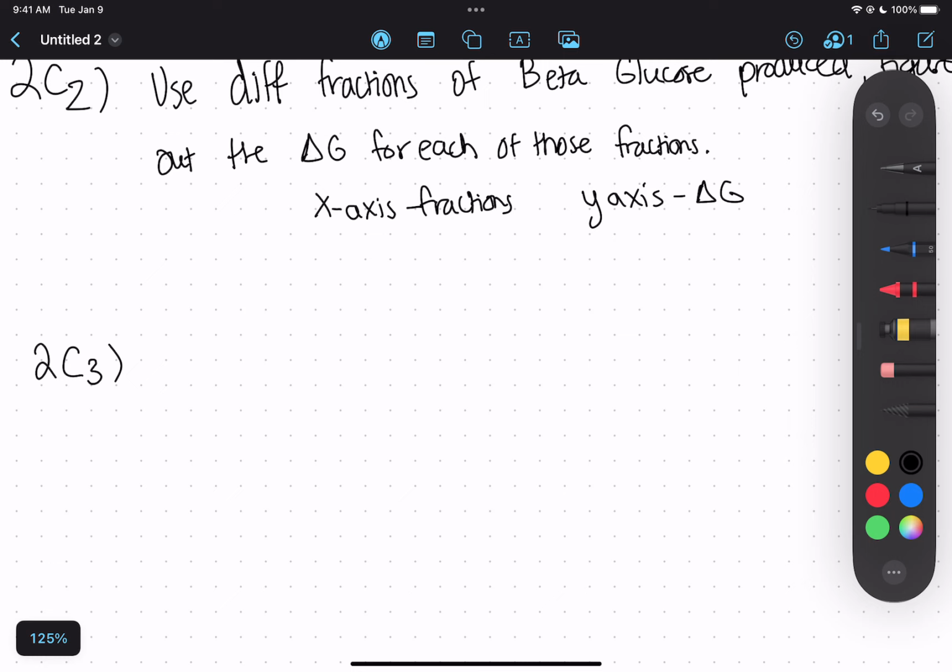Yeah, exactly. Any fraction of something, I'm going to get a smaller magnitude. In the case of delta G, since it's negative, I'll get a smaller magnitude.